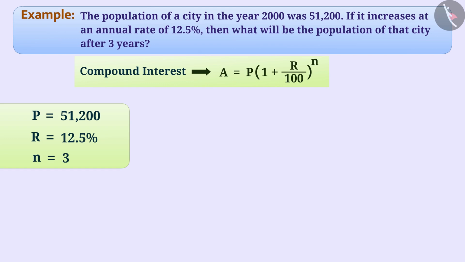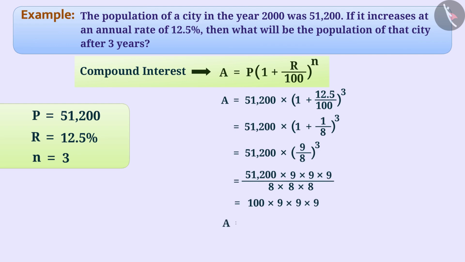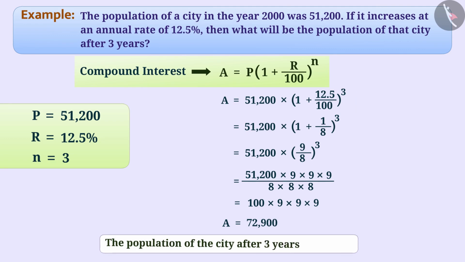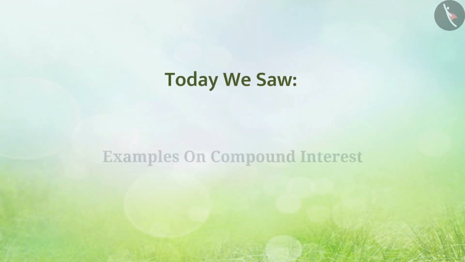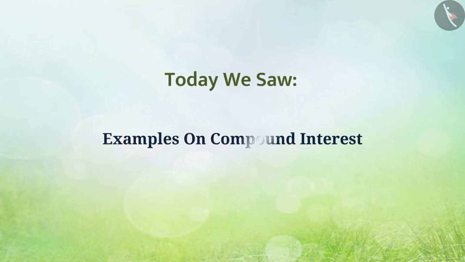By placing values in the formula and solving the expression, we get a result as 72,900. Pause the video and see how the operations have been simplified. In this way, the population of the city after 3 years will be 72,900. So today we saw examples on compound interest. In the next video, we will clear up some misconceptions on this.